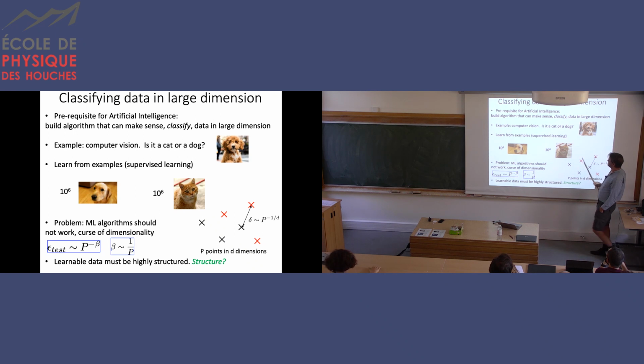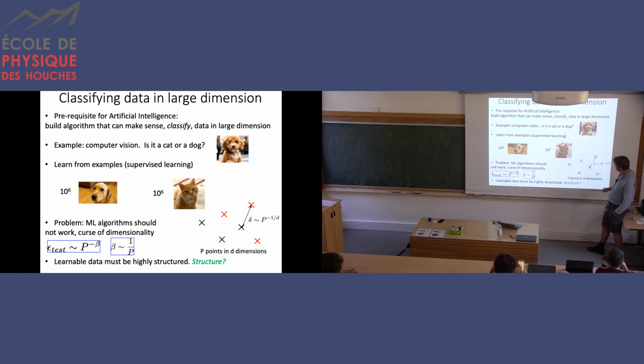And the big problem is that a picture is a very high-dimensional object, right? If it has 100 by 100, maybe 10,000 pixels, even if you're black and white, it's an object in dimension 10,000. And in large dimension, you have a geometrical problem, which is the following. In this talk, P is the size of the training set.